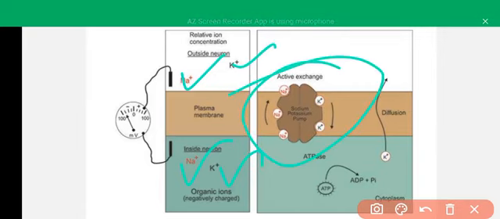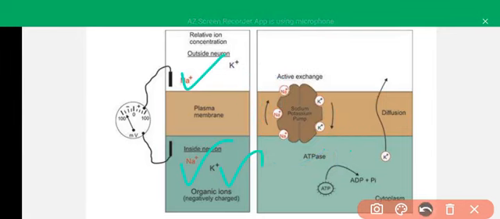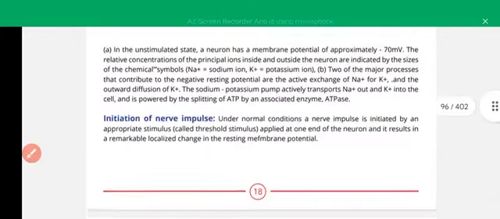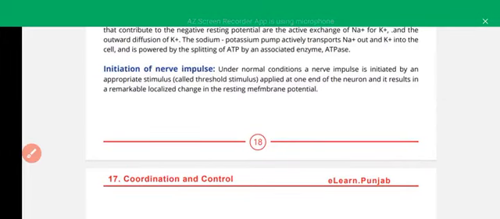Here is the action of the sodium potassium ATPase pump. 3 sodium are moving out and 2 potassium are moving in, with consumption of energy, and potassium also leaves the membrane by diffusion. It also creates negative charge, and organic ions that are negatively charged, like proteins inside, make the membrane more negative inside. So we will study action potentials.